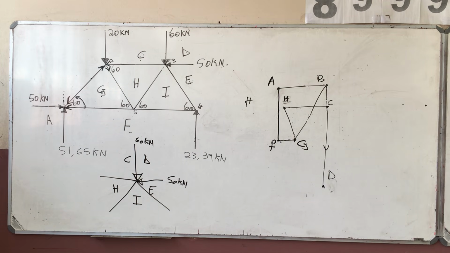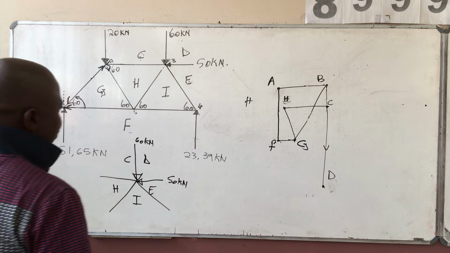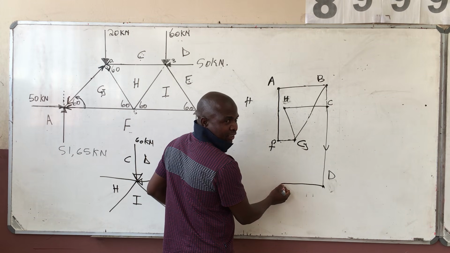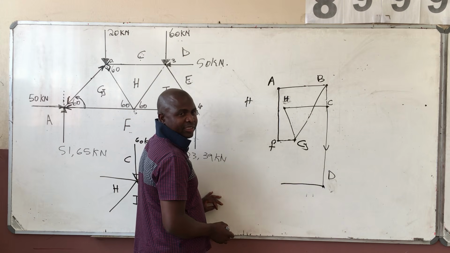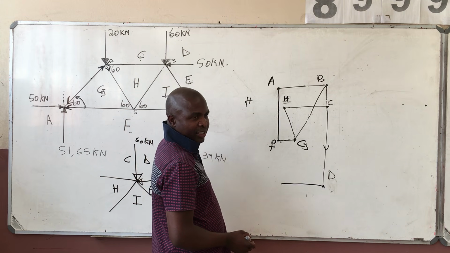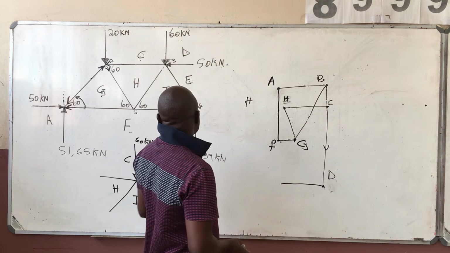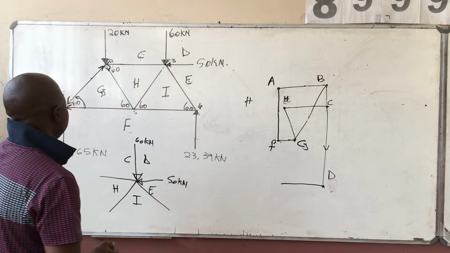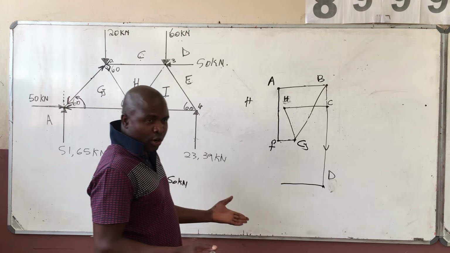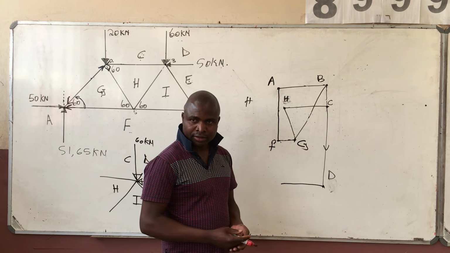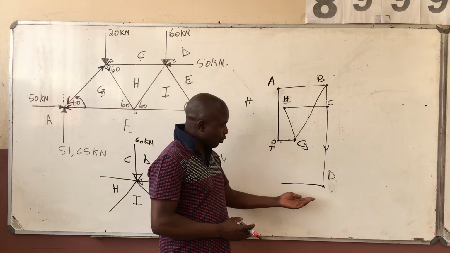So what else are we supposed to draw? DE. So DE, it goes in this direction, right? To the left. For how many millimeters? 50, ne? It's horizontal. Because I'm using free hand, we are not drawing using a ruler.